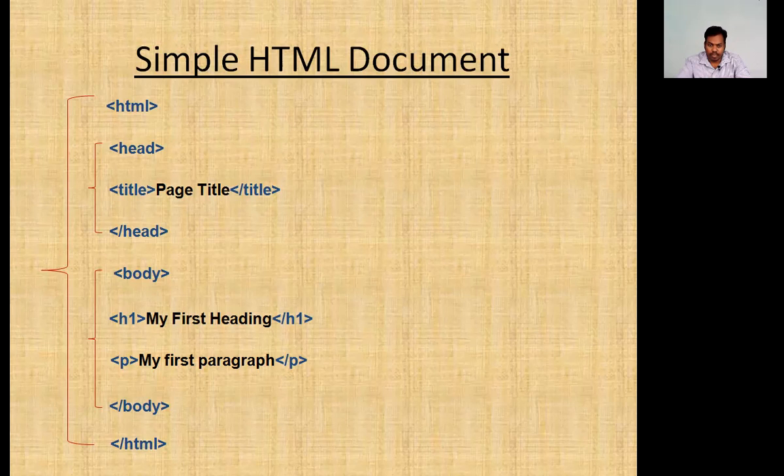Normal head is written inside the angle brackets, and then again head is written with a slash, that is for the close, right? Head open, head close. Under the HTML tag, the head tag is there, and below the head tag you can see the body tag. In the body tag, we have body opened, body closed.